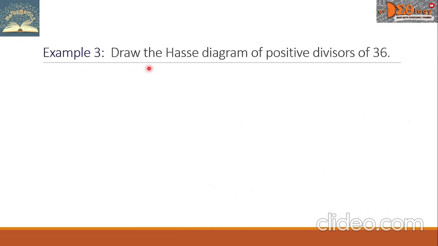Example 3. Draw the Hasse diagram of the positive divisors of 36. We write here D sub 36, meaning the divisors, and these are 1, 2, 3, 4, 6, 9, 12, 18, and 36.